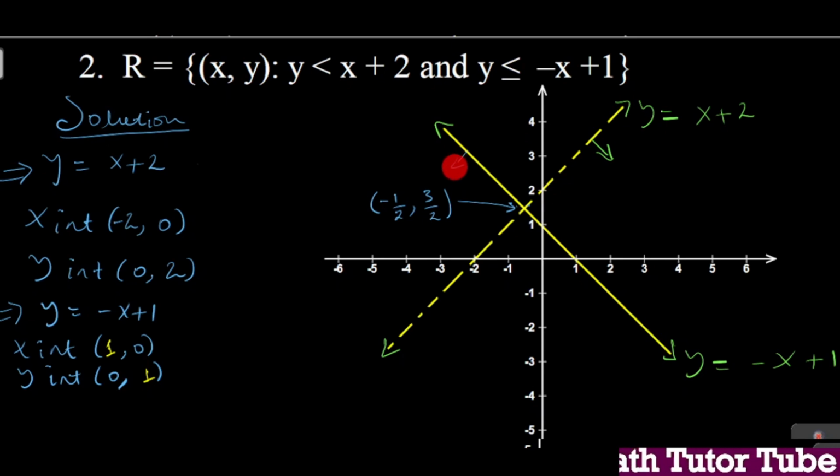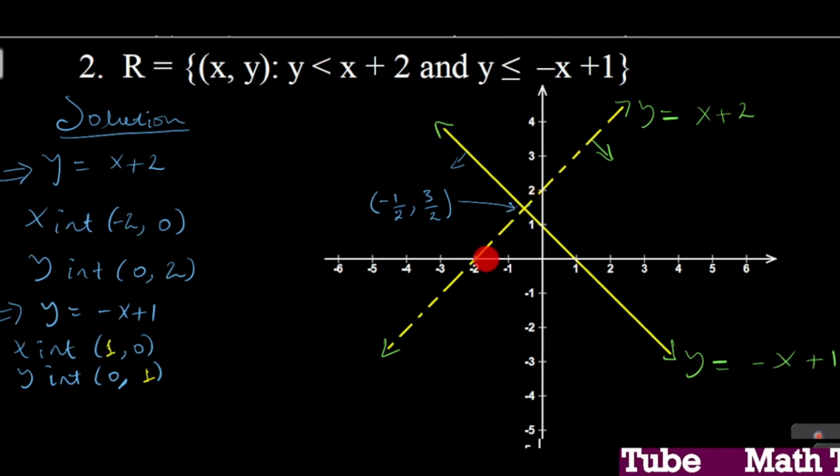Look, put an arrow. If the relation has two or more inequalities, just put an arrow and you will shade the intersection region. The intersection region contains the ordered pairs that satisfy all of the relations. Now we shade below the line, and for this one the inequality is less than, so again we shade below the line, and this line is broken because the inequality is only less than, there is no equal to sign.